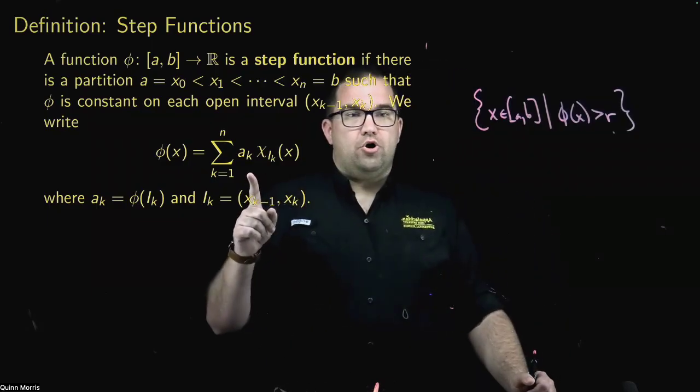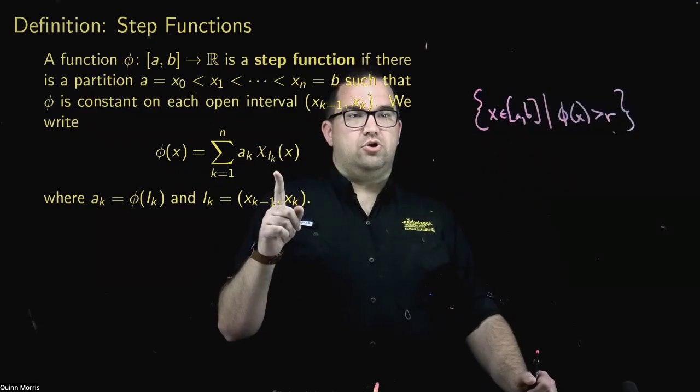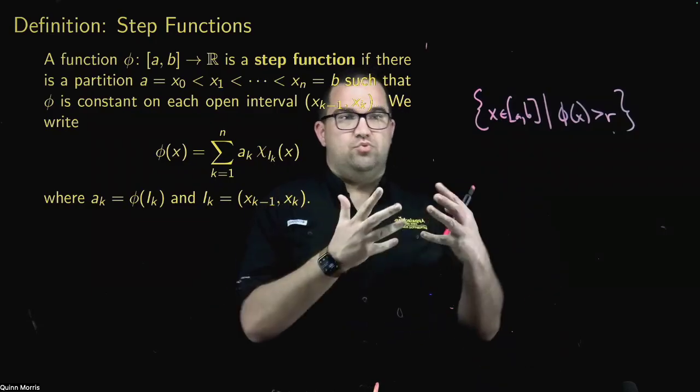For the ones that are bigger than R, I need to include those I sub k's in a union.